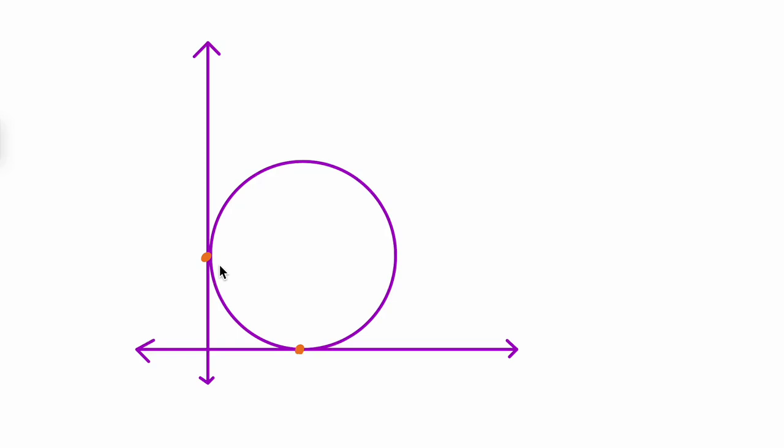Now let's see another case. In this case, this circle is touching the x-axis as well as the y-axis, right? And the center is not at the origin. So if you see this, let's say this distance is a, then this will also be a, and that means these coordinates are a and a. So if the circle touches the x-axis and the y-axis both, then h and k will be a and a.